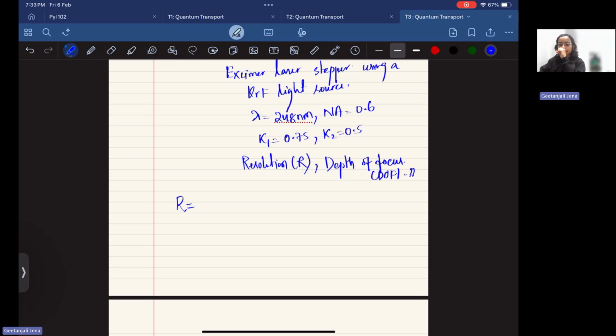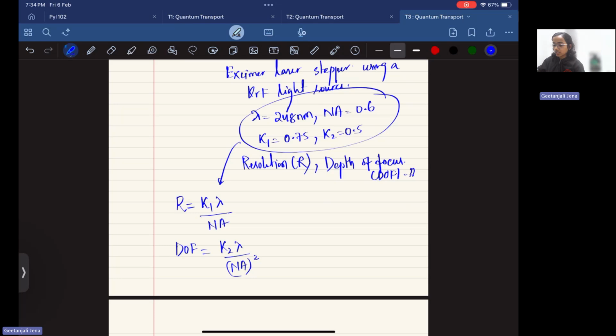So if you recall the formula for resolution, it is given by K1 lambda by NA, and the depth of focus, which determines the vertical resolution, is given by K2 lambda by NA square. So you just need to put the parameters here to get the answer to this question.